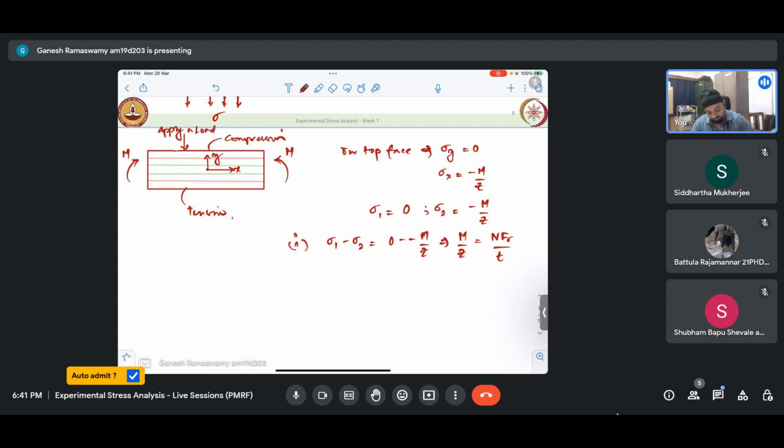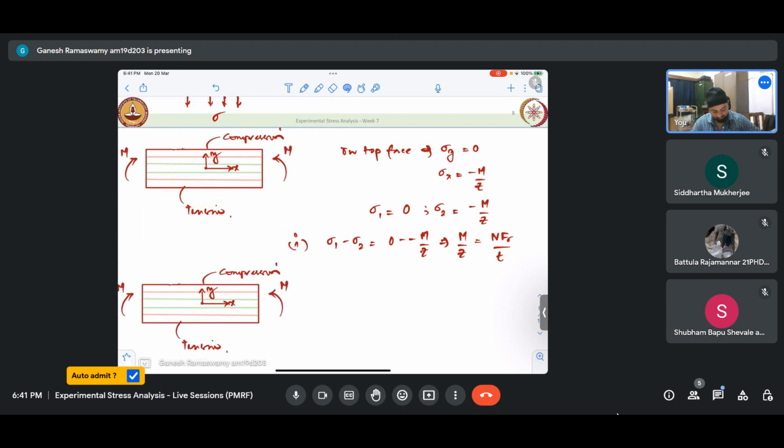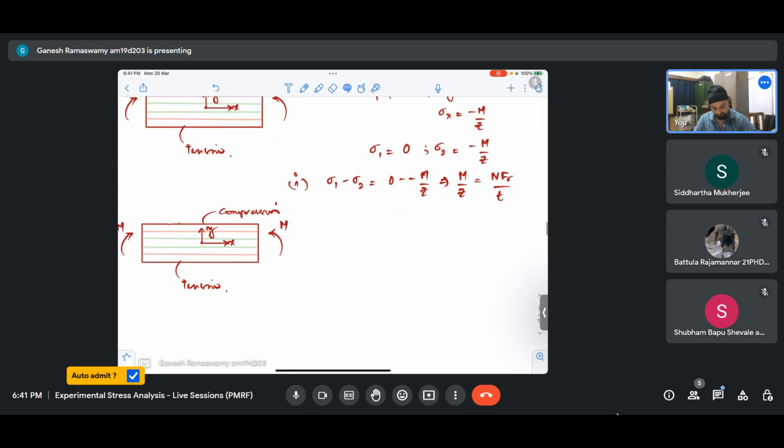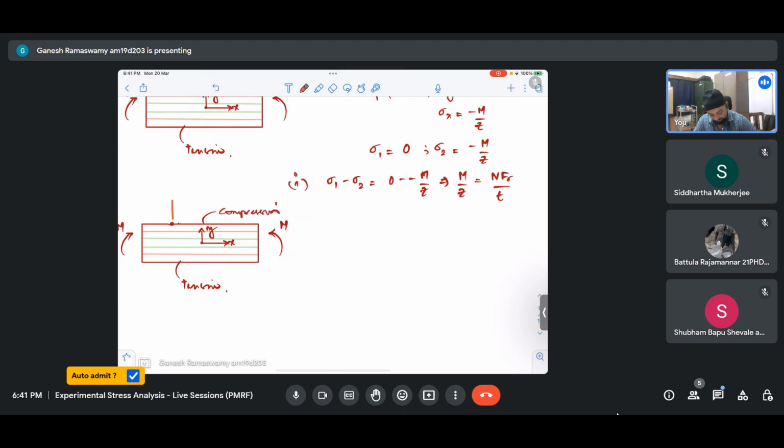So what happens in this case? I'll take this to be case 2. My idea is to determine at this point, so I'll apply a compressive force there.